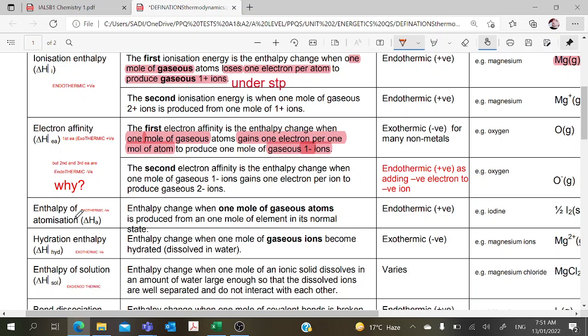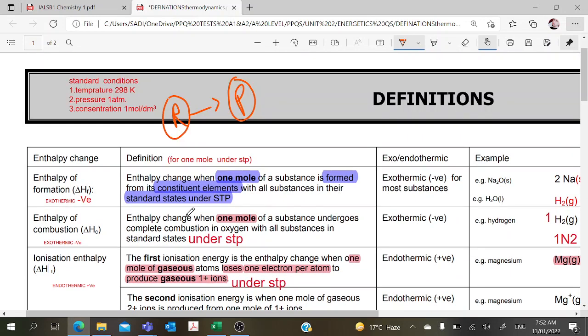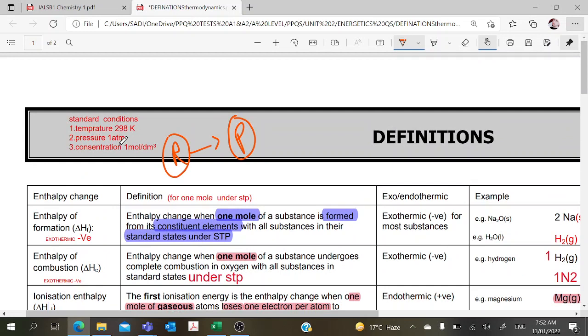First of all, we need to understand that the definitions are under standard temperature, pressure, and concentration. You should keep this in your mind. All the definitions are under standard temperature, pressure, and concentration, 1 mole per dm cube.